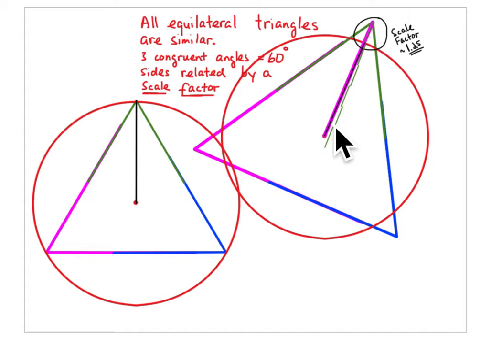So the scale factor would be about 1.25, or 1 and 1/4, to go from this triangle to this triangle. So although not congruent, not exactly the same, they are similar. And actually every equilateral triangle is similar because they have the same size angles, 60 degrees.